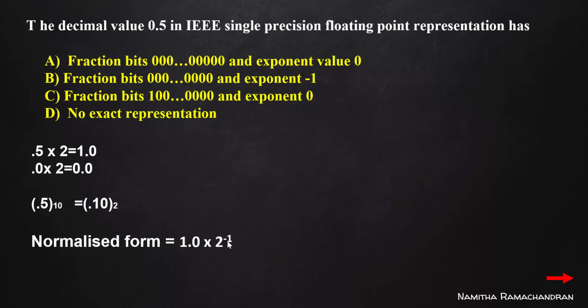And the exponent is minus 1. The options are given with the exponent value, not the biased exponent. Right? So, fraction with 23 zeros and exponent is minus 1. So, option B is the right answer.